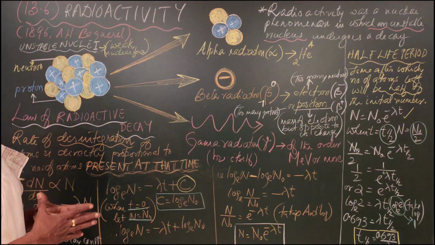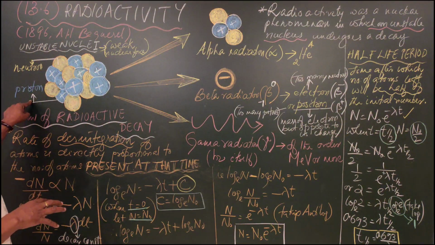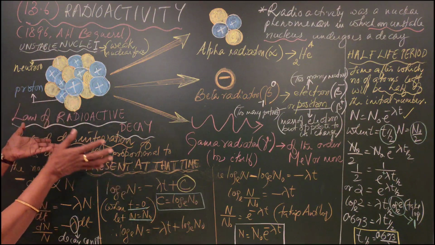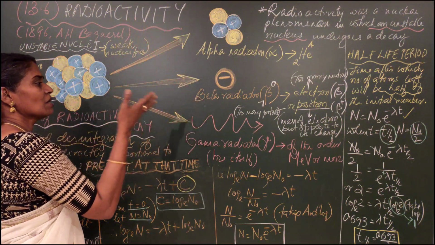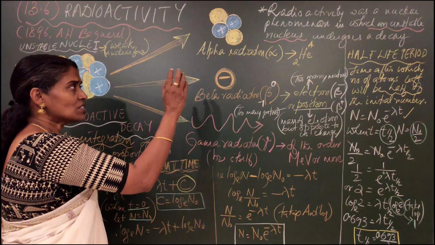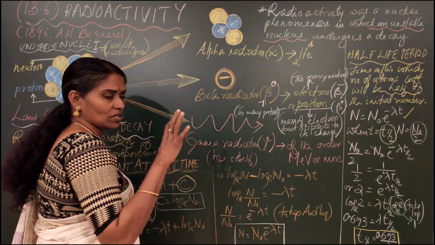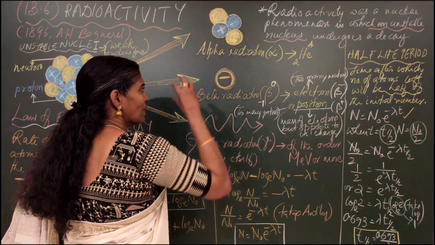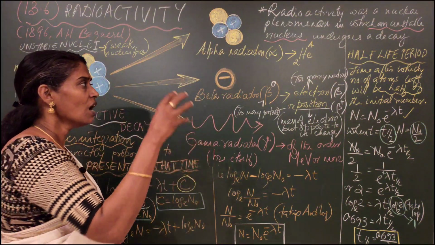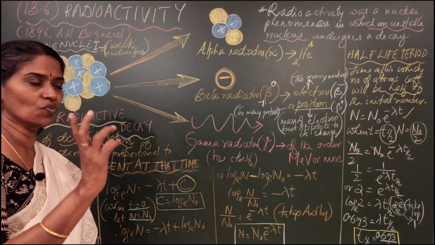And he mentioned that this nucleus, which consists of neutrons and protons, undergoes decay in three different manners. One is alpha radiation, which means a pair of protons and a pair of neutrons. This entity is known as alpha radiation or helium, He24.